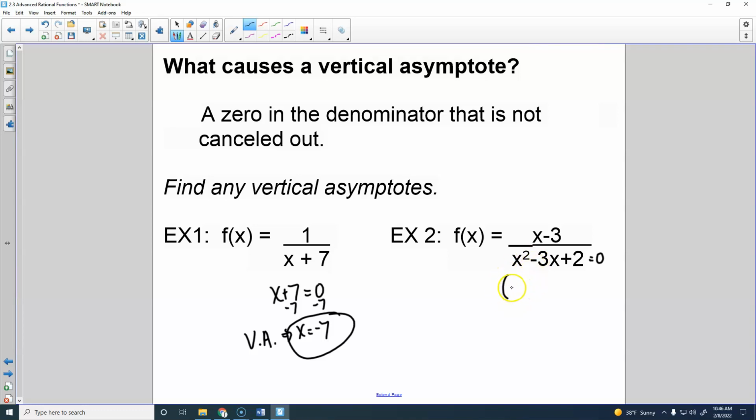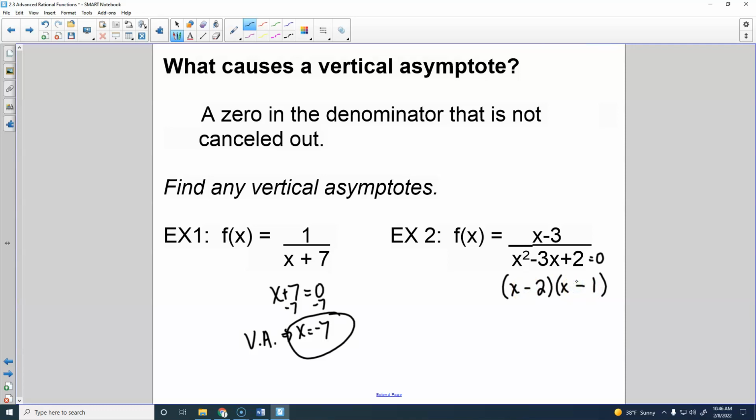Most everything will factor. So we would have x and x. We need to get a +2, but have a -3 here, so what should I use? 2 and 1. And both of them should be negative there. That'll give us a -3.